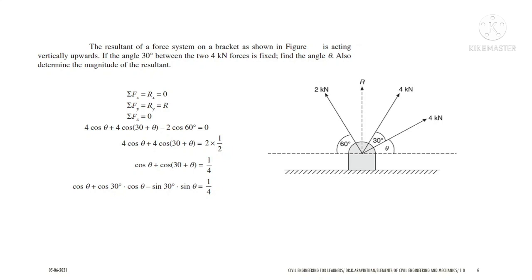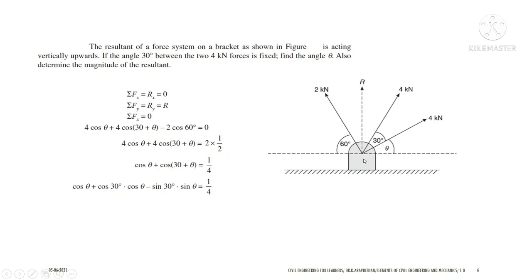In order to find the solution, you have to use the concept of resolution of force. You can resolve into vertical and horizontal components, and you will get two equations, and with the two equations you can use a mathematical property to get the solution. So first let us take all the components with respect to the horizontal axis.